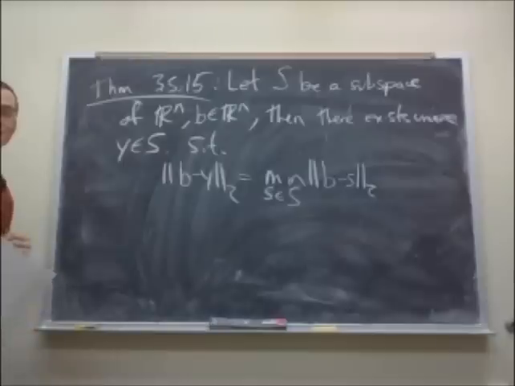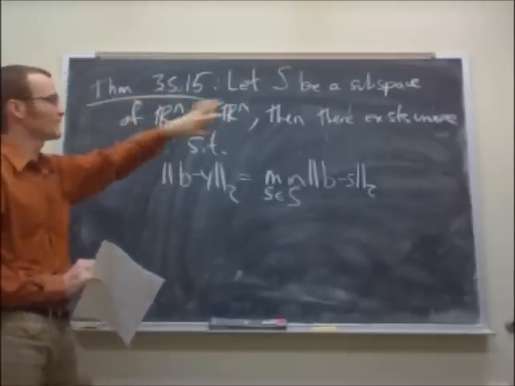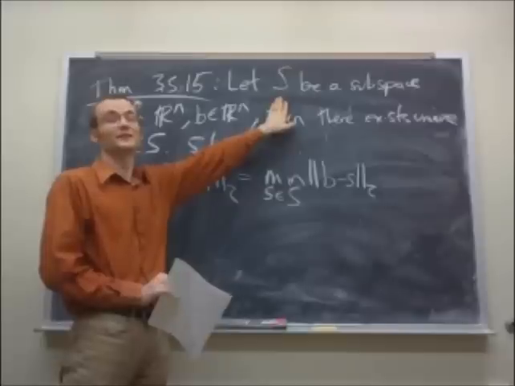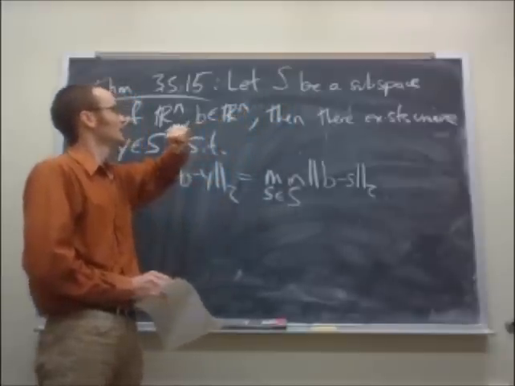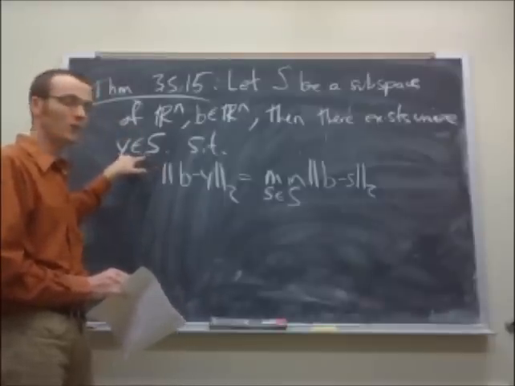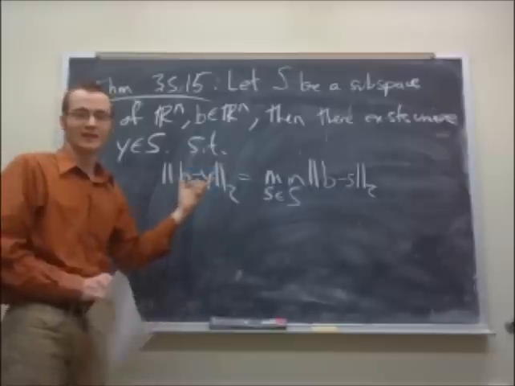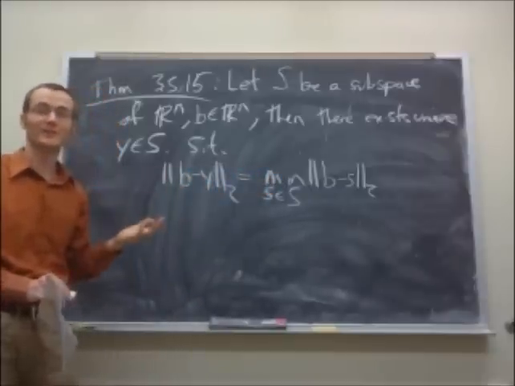So this is exactly what we wanted to show. If S is a subspace, for instance the range of A, then there exists a unique solution y in S that's going to minimize this quantity, minimize the residual.